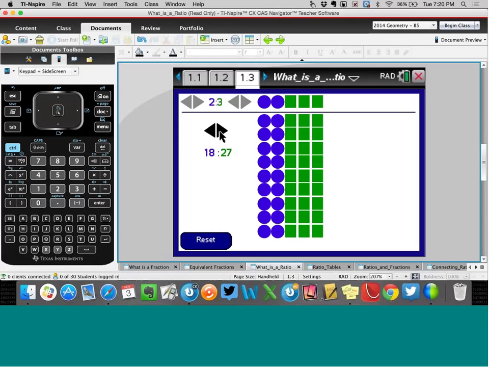Okay, so we see some responses such as the shapes are maintaining the ratio, the overall shape of the rectangle is the same, each row being added is the same. We're adding 2 blue and 3 green each time. These are some great initial observations.